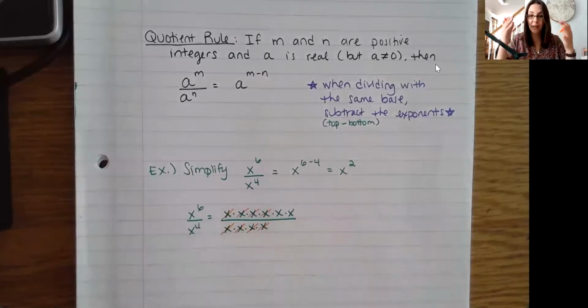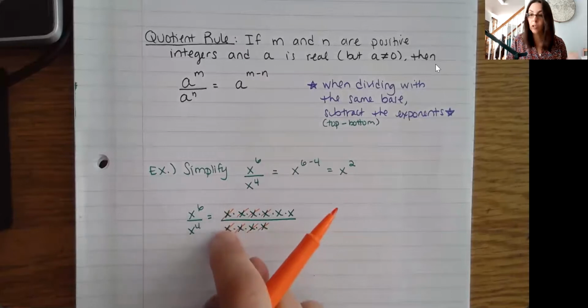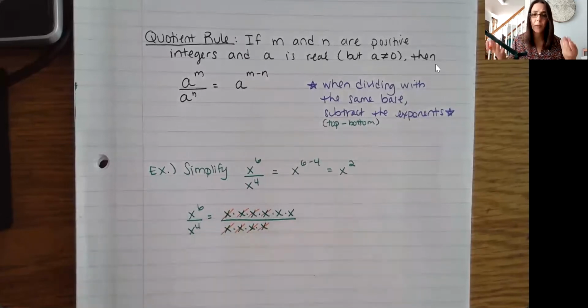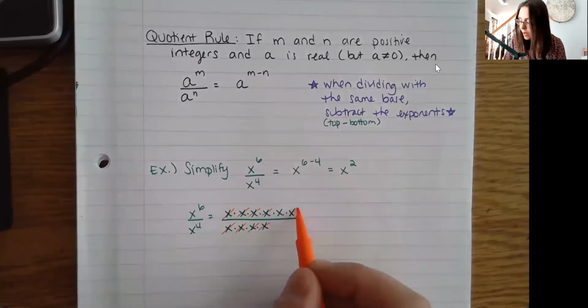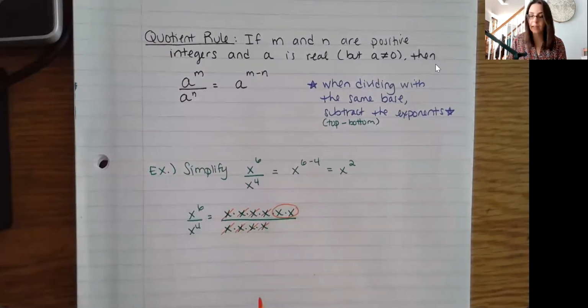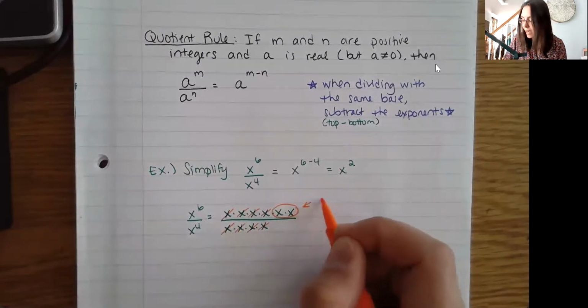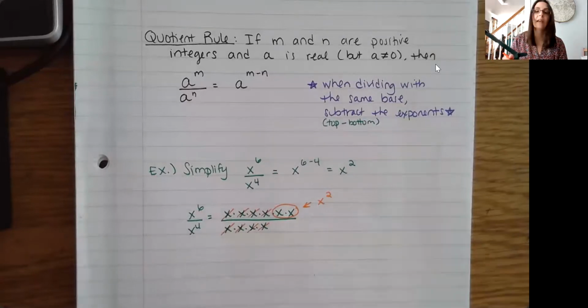The reason each of these individually cancel is because when we divide the same thing by itself, we get the result of 1. So x divided by x is just 1. And multiplying through doesn't change anything. Notice what I have left over: those 2 x's, which is just x squared. So you can see that the shortcut rule doesn't actually change our original definitions or original strategies. It still builds on all those rules we already have. It just provides us a shortcut.